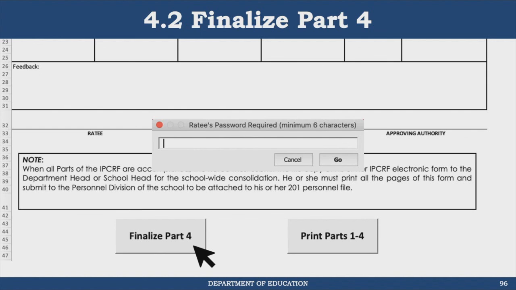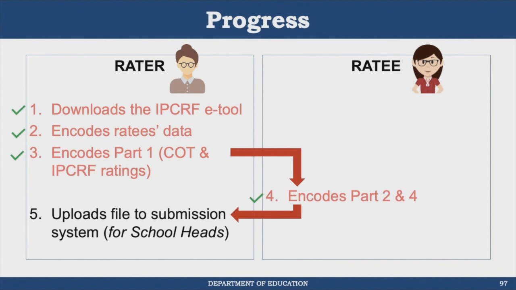After inputting the ratee's password, click the Go button, and that should lock Part 4. And that finishes all the steps we need to do in accomplishing the IPCRF electronic tool.